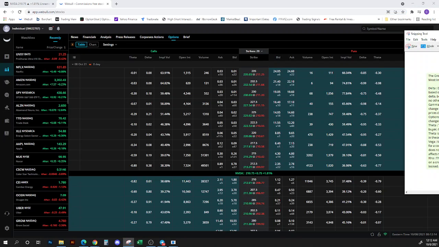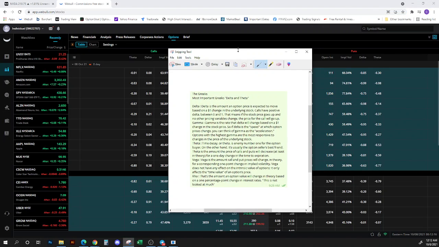I posted this in the chat and pinned it, so if you want to look at it, these are the definitions for the Greeks. There's a couple big ones. Delta being the big one here. Gamma, theta, vega, and rho. We're not really as interested in those.